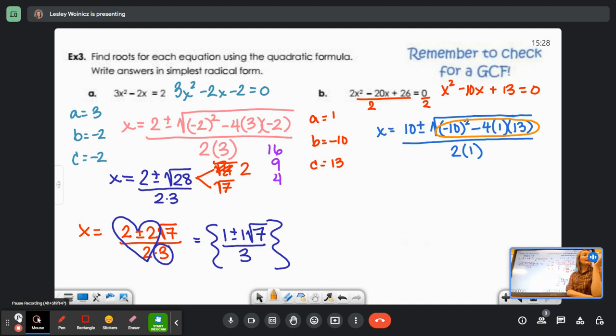Yeah, negative 10 squared. 48. Do we need to stop and look at it? So x equals 10 plus or minus the square root of 48, the whole thing over 2.